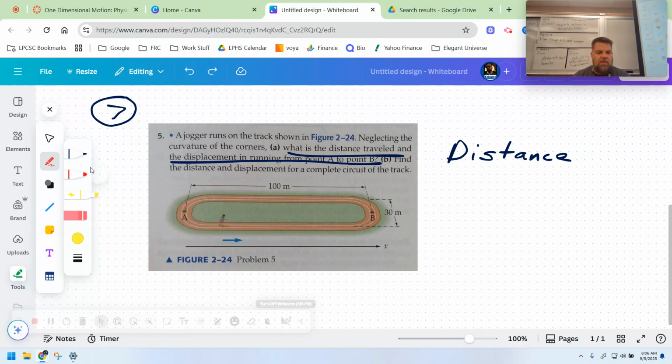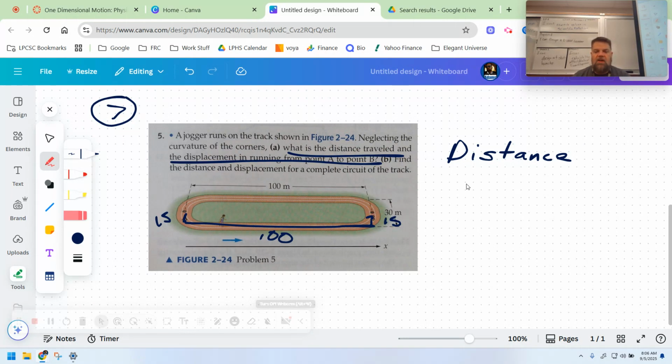if you were to approximate, I would guess, you see how this is 30? So I would have guessed from here to here is about 15. And then all the way down here is 100. And then to go back up here is about 15, because it looks like the halfway point, okay?